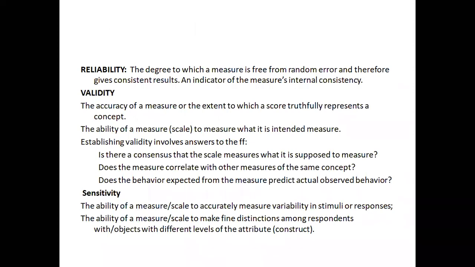Reliability: the degree to which a measure is free from random error and therefore gives consistent results, an indicator of the measure's internal consistency. A measurement scaling technique should be free from random errors so that it can give you consistent results.